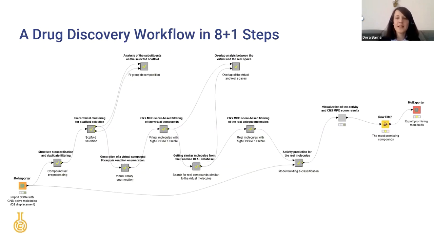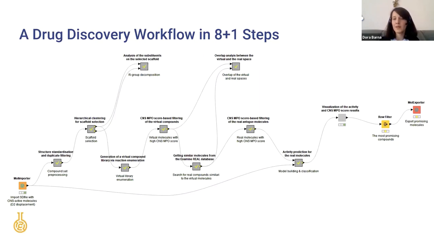And here you can see the workflow, how it looks in the KNIME Analytics Platform. So most of the major steps are represented by metanodes here, and include several steps, some cheminformatics steps and some generic data manipulation, data filtering or joining steps.